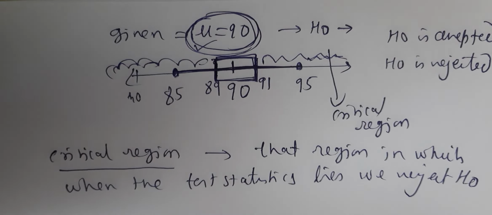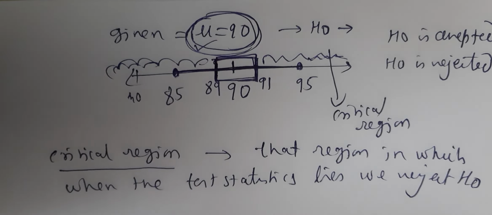What is the meaning of test statistic? How is it defined? How are we actually going to find the critical region? That we'll see in the next video. Now I just want you to understand that the critical region means the region in which, when it lies, like here X bar above 95, I am going to reject the hypothesis. That is my critical region.